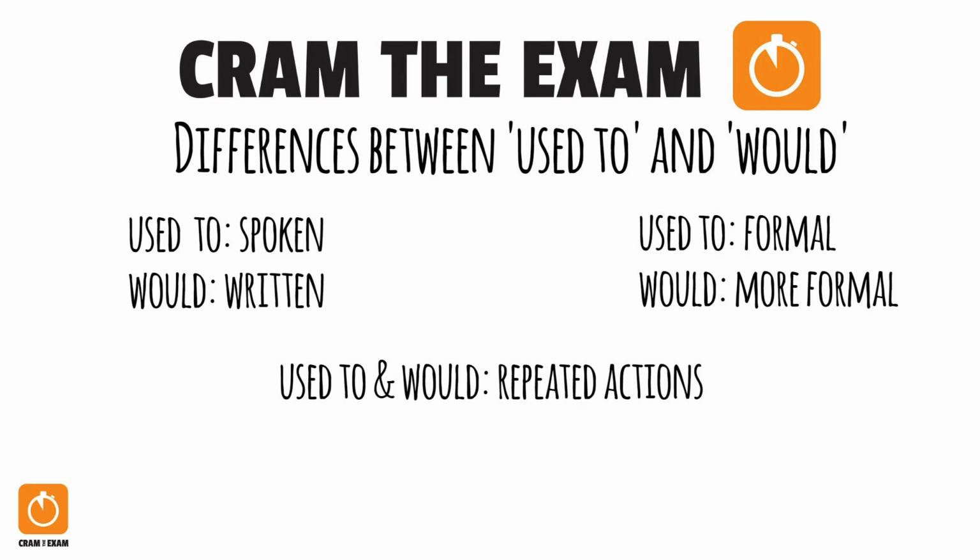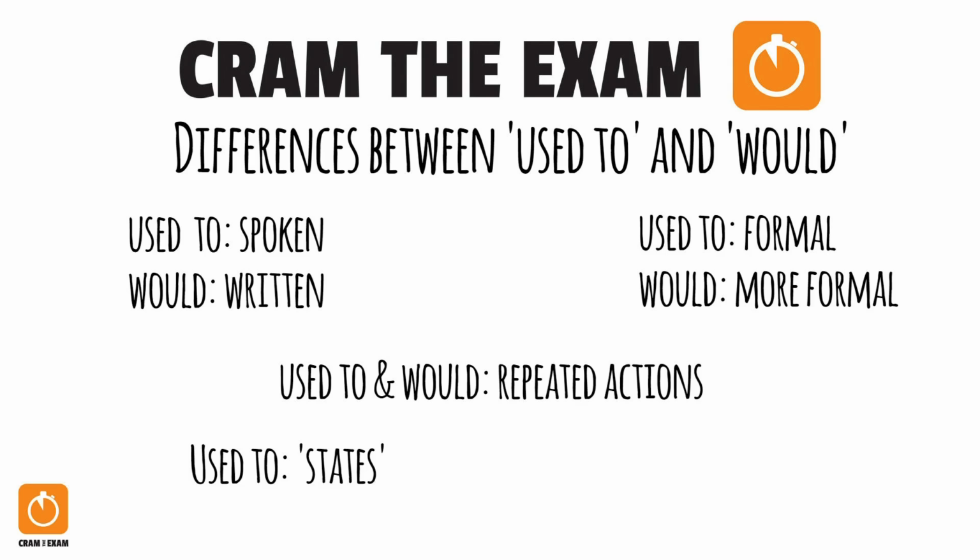So what are the real differences between used to and would? Well, used to is used to describe states and would is not. So what does states mean? States means basically something as it was at a particular point in the past. So not something as it is now, but something as it was in the past at a particular time.